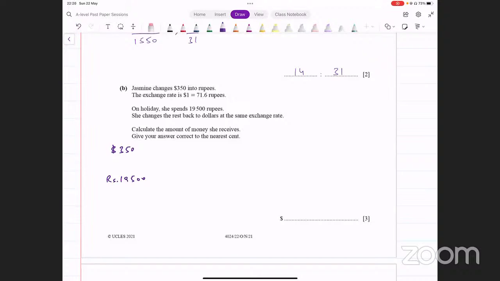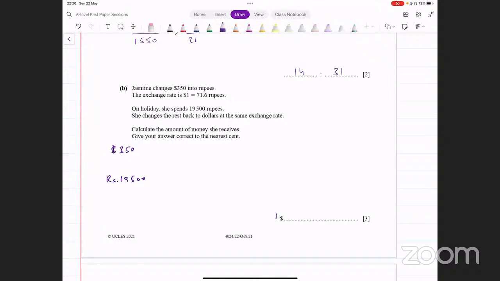And we've got to calculate the amount of money she is left with, मतलब बेसिकली जब वो चेंज करेगी बाद में डॉलर्स के अंदर, तो बाकी जो उसके पास अमाउंट रह गई है वो आपने फाइंड करनी है। और अपने आंसर जो देना है वो ऑफ कोर्स जब उसने डॉलर्स में कन्वर्ट कर लिया है, आपने आंसर अपना एंड पे डॉलर्स के अंदर देना है। Now, how do we think about this? Now, there could be many different ways of thinking about it. One way is that you say this is the starting amount, $350.